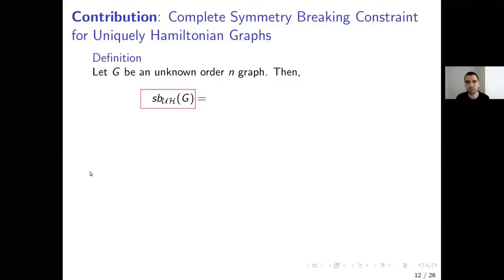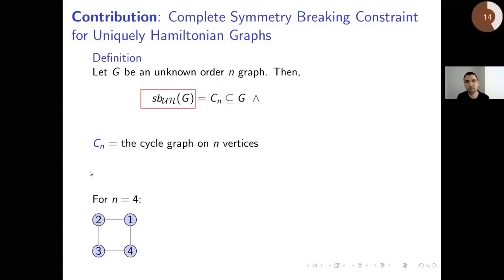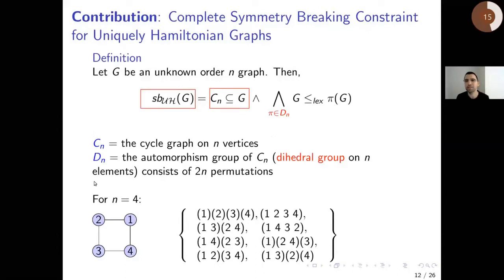It has two parts. The first part fixes the cycle graph in the unknown graph G. And the second part requires that the graph G is lexicographically smaller than its isomorphic representations, where the permutations are taken from the automorphism group of Cn. And it is important to note about the automorphism group that it has only 2n permutations.